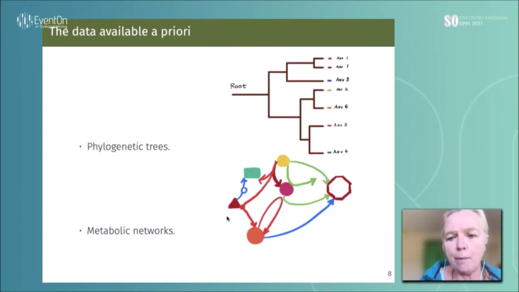That is, we know about the phylogenetic tree of the different, say, strains of bacteria which are present. We also have prior knowledge about the metabolic networks which involve the metabolites. So we can't ignore that prior information, and it's really important to incorporate it. But that's one of the challenges of what we do.